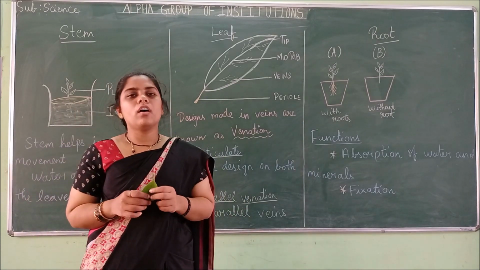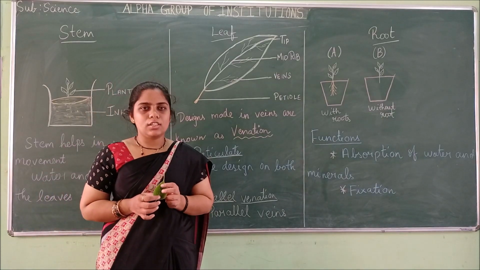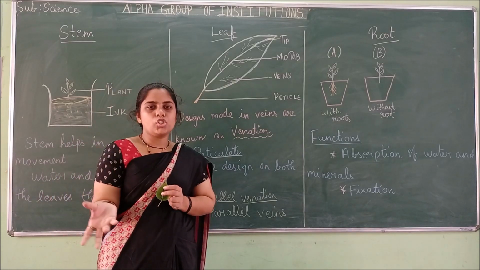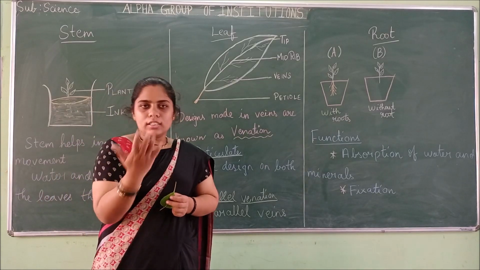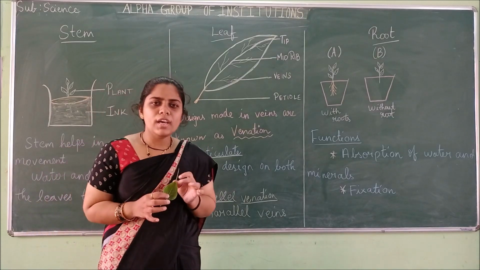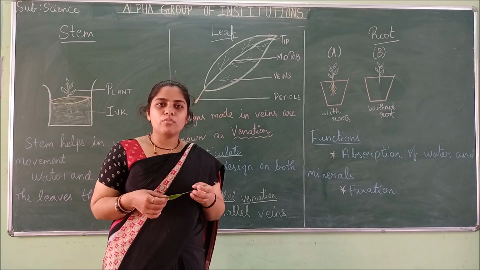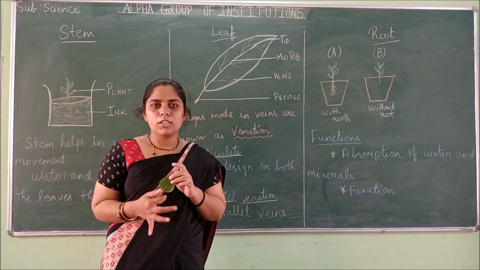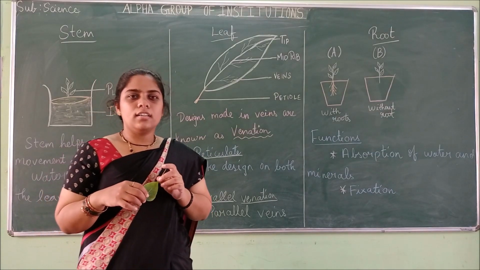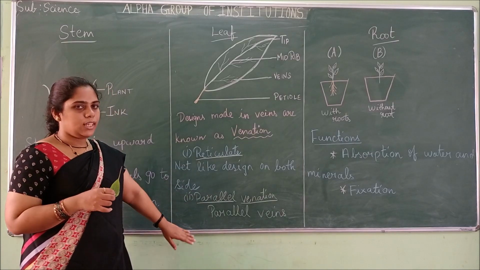That type of design is called parallel venation. Hereafter, if you get a chance to see a leaf, see what type of venation is there, where the midrib is, whether you can find the tip and whether the petiole is present. You should see all these things and learn. So these are the things about the leaf.